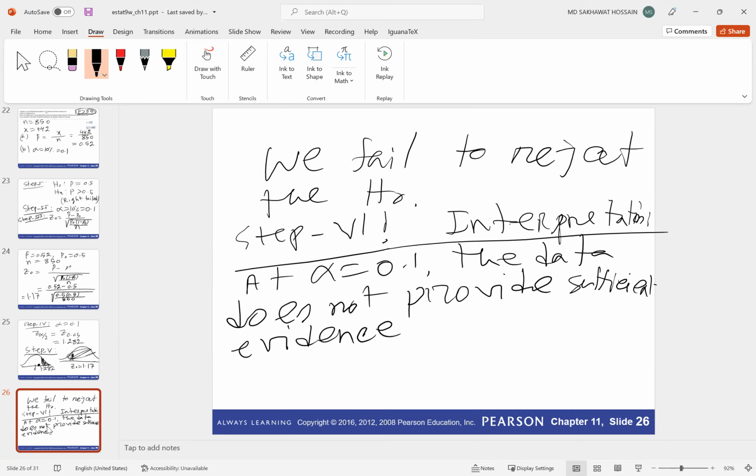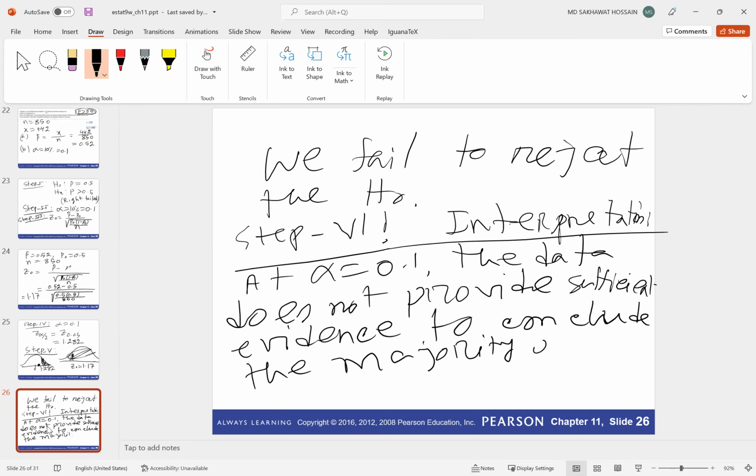evidence to conclude the alternative. So what is the alternative here? The alternative is that the majority of generation Y web users use the internet to download music.